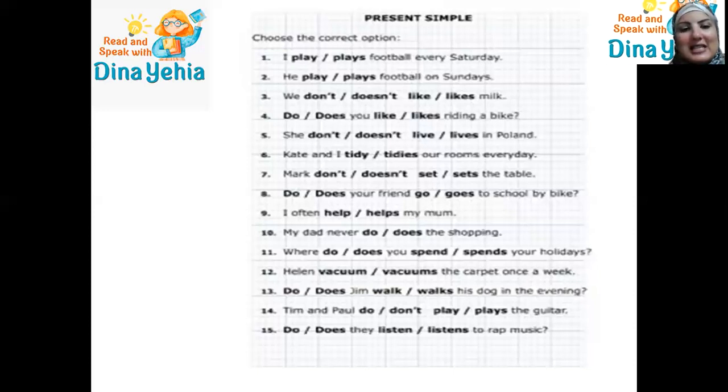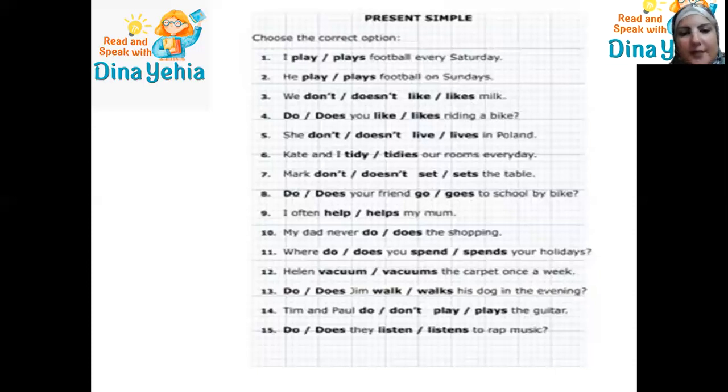Of course we, because since I have I in the sentence, it's we. We tidy or tidies? What do you think? They are we, so can they take S? Of course not. So Kate and I tidy.